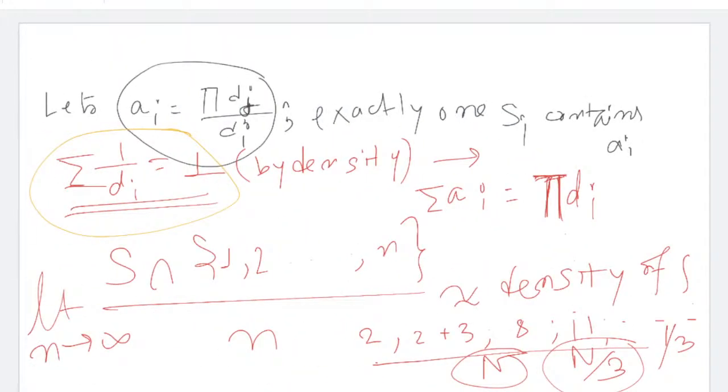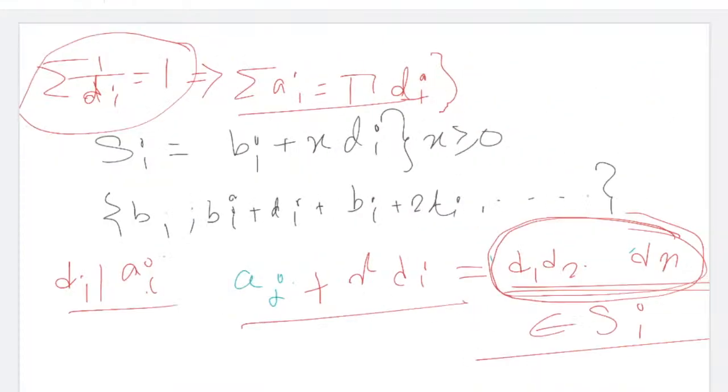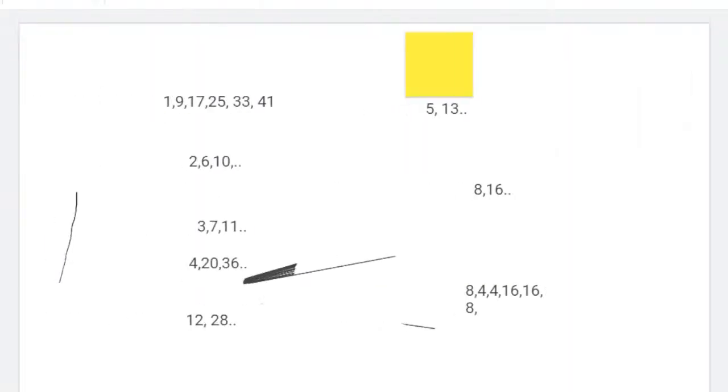Wait, I'll just add a note on the next page, page four. Oh wait. Yeah, I think this is not that complicated, right? Oh, we don't even need density. Wait. Yeah, anyway, we don't.